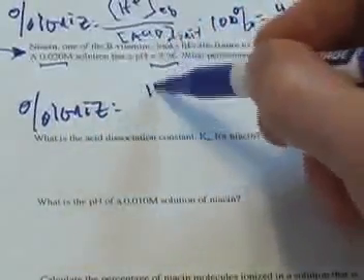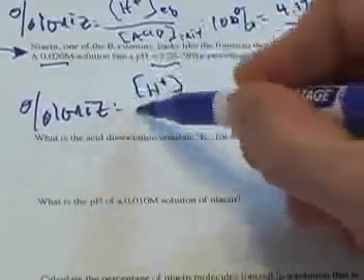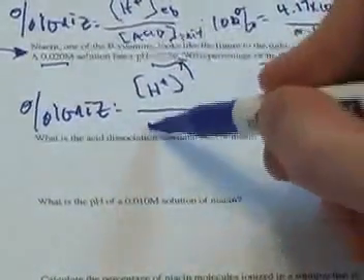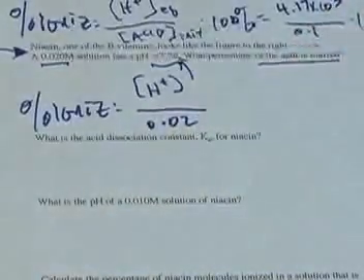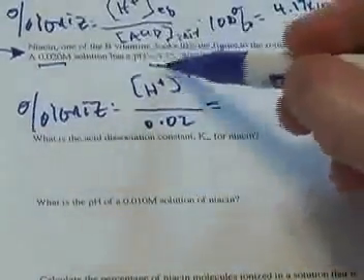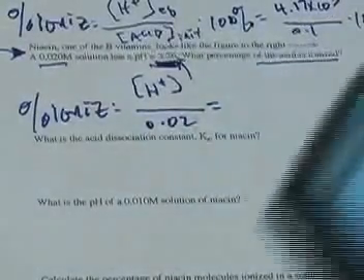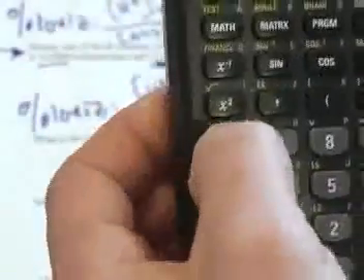To find the percent ionization, remember, you take your H plus ion concentration at equilibrium, which we could find from the pH right here, and divide it by our initial concentration, which is 0.02 molar. So to find our H plus ion concentration at equilibrium, we'll take our calculator and we'll do the 10 to the x key right here. So second, 10 to the x.